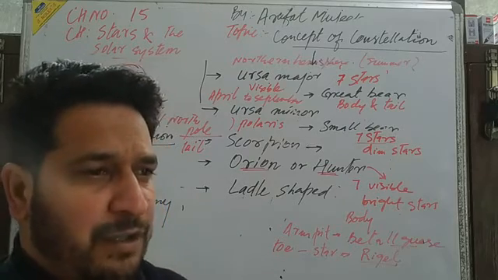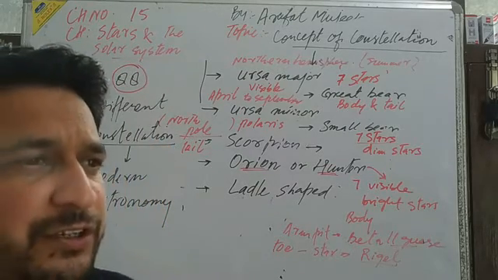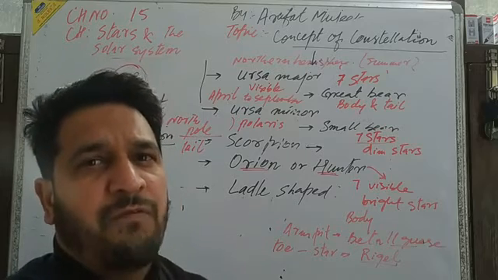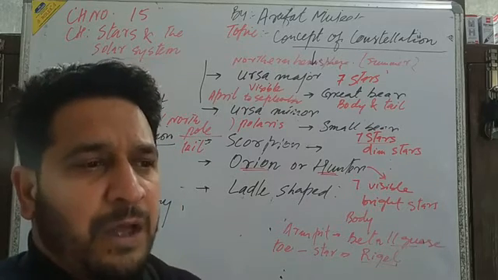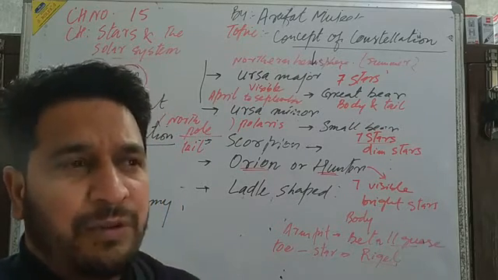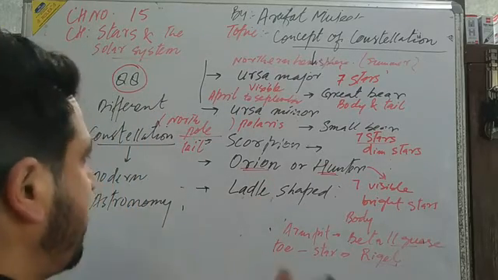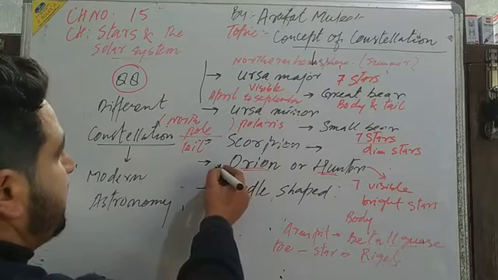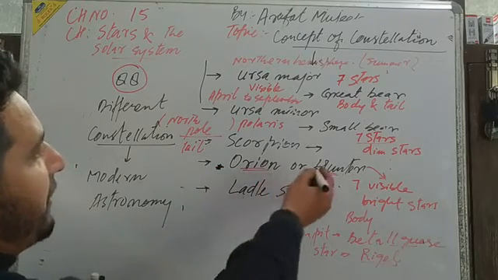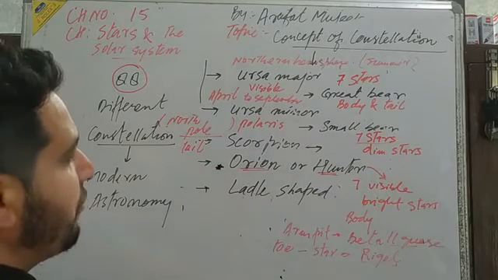Others are very recognizable. These constellations appear to us in the vast space in the sky during the summer season, and during the winter season. During the winter, the hunter constellation can be seen. This type of constellation is recognizable.